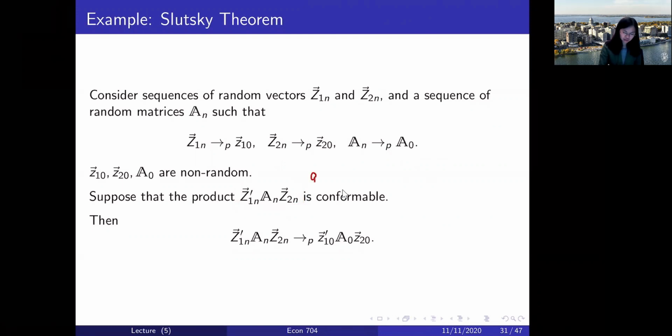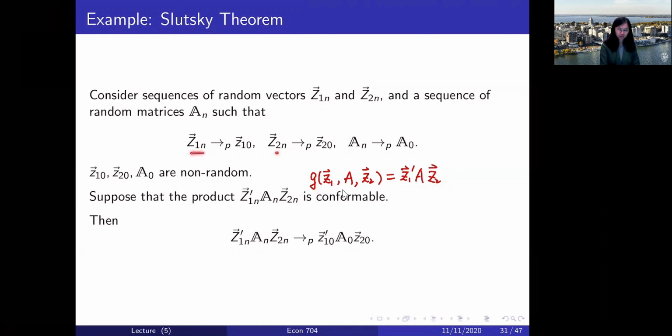The G function we are considering is this. And this function is clearly continuous in all three arguments. Continuous functions preserve convergence in probability by Slutsky's theorem, and all three are converging in probability.